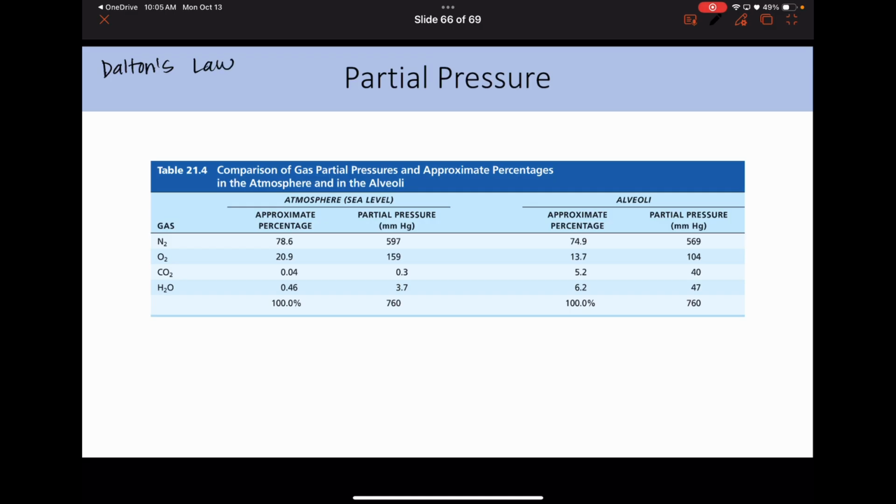And Dalton's Law just states that total pressure equals the sum of pressures from individual gases. And I think this is already in your lecture notes.